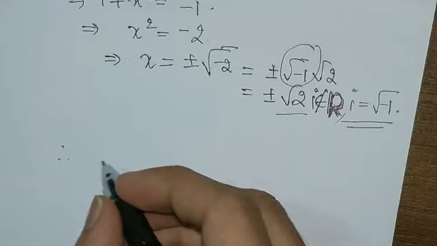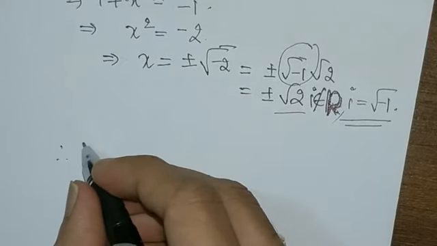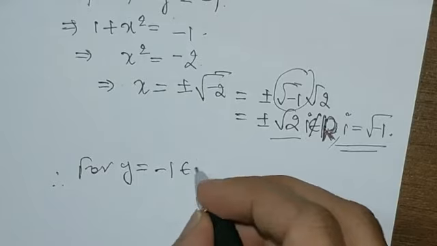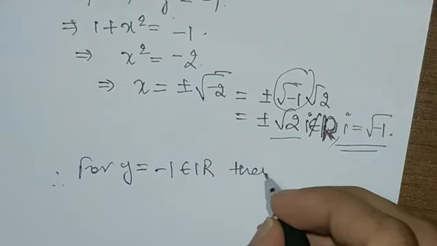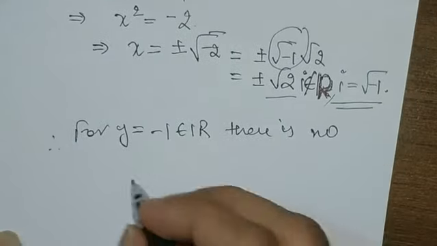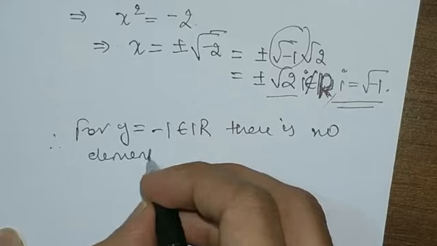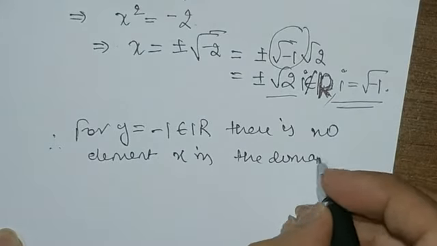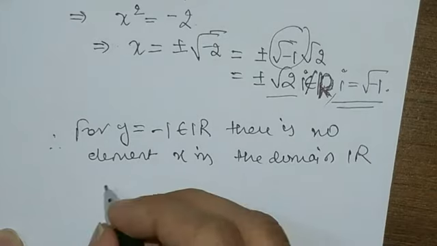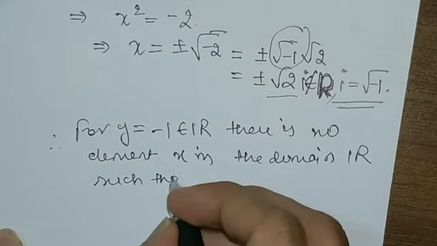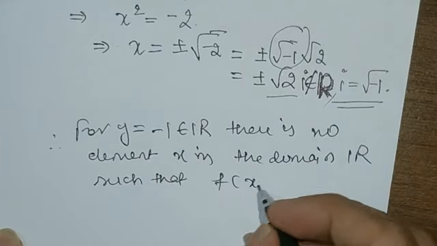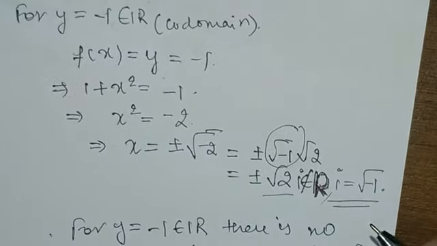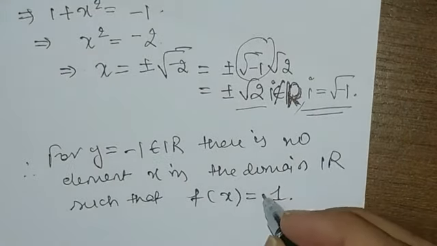Therefore for y equal to minus 1 belonging to R, there is no element x in the domain R such that f(x) is equal to minus 1.